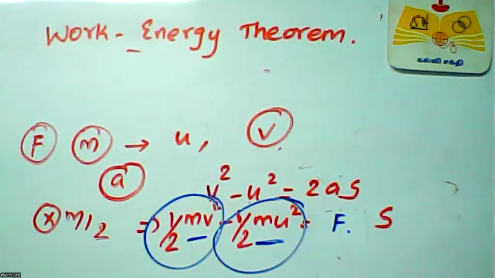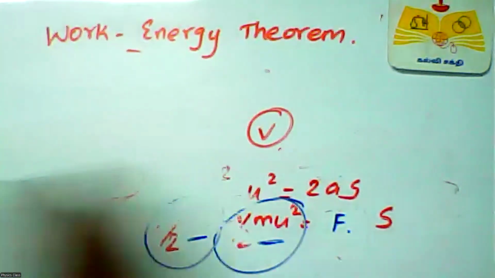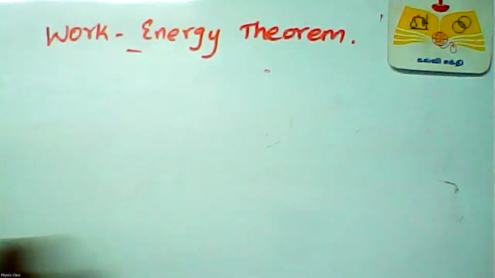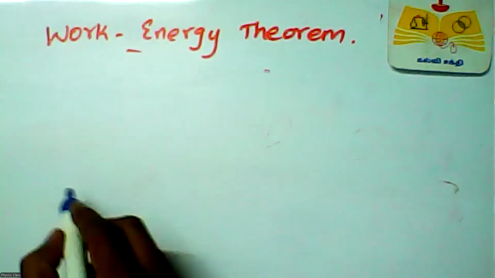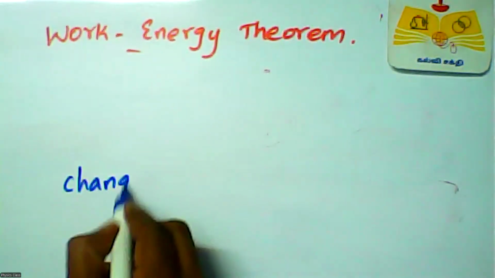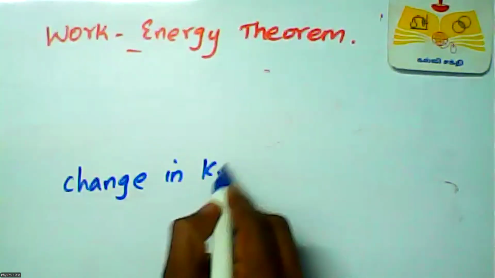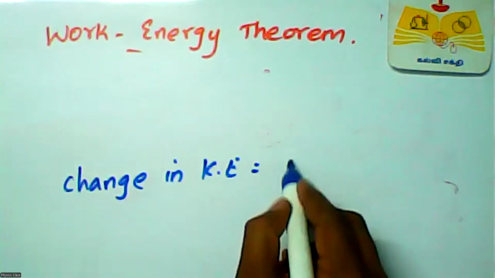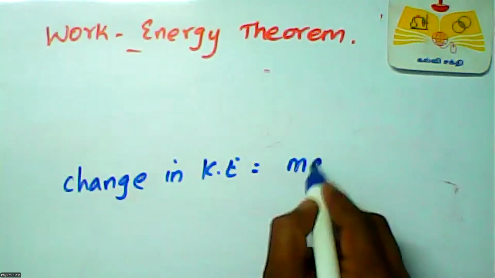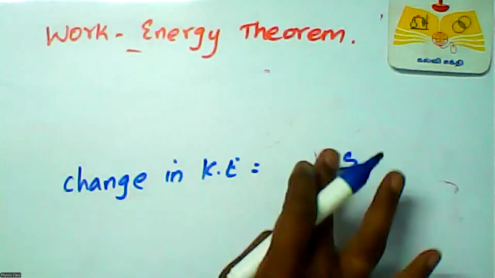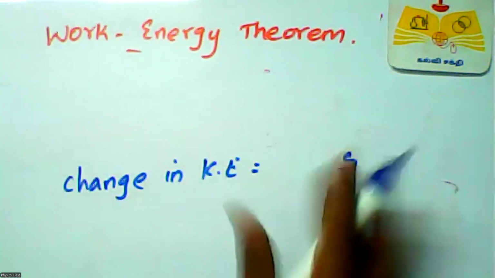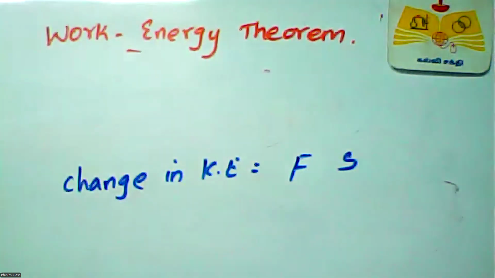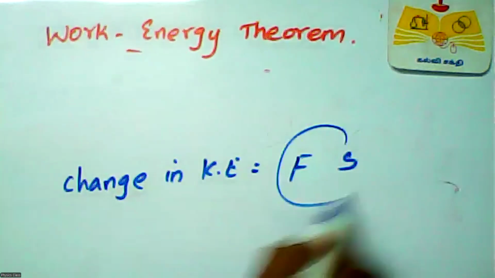So I can write now: change in kinetic energy is equal to mas, with ma replaced by F, so change in kinetic energy is equal to F dot S. What do you mean by work done?